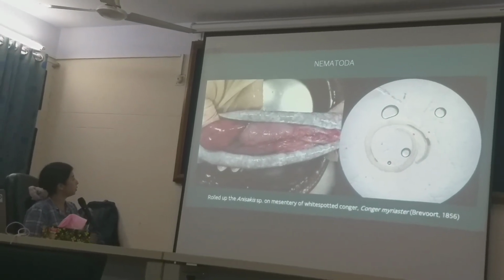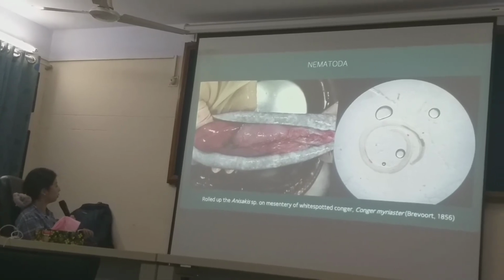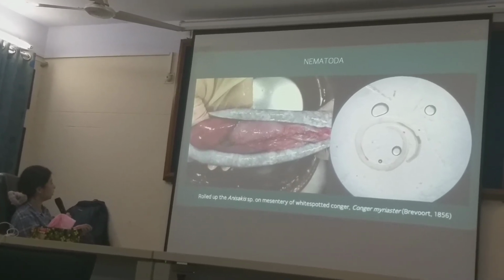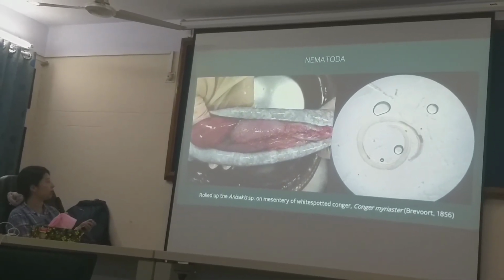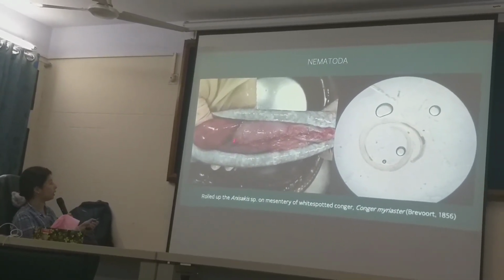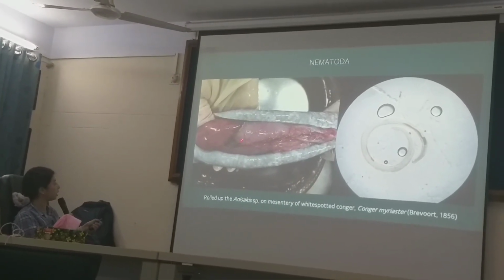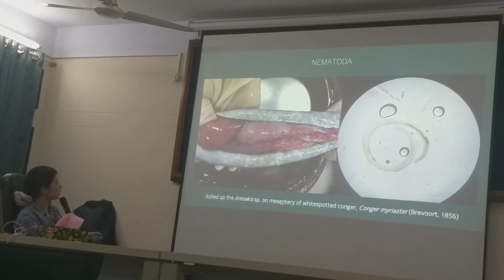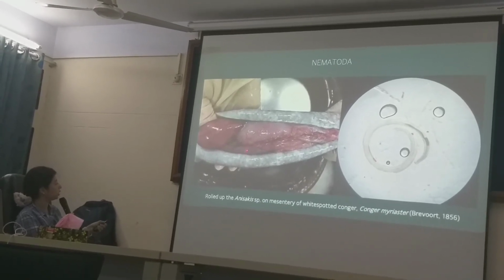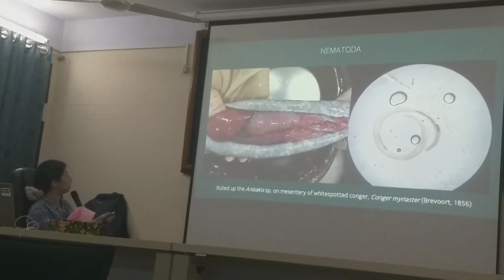And this is a very common nematode, everyone knows. We call this anisakis. Many marine fish have this anisakis. They are rolled up inside, outside the tissue of the host. Usually they are on the mesentery, and sometimes they are just embedded in the liver.